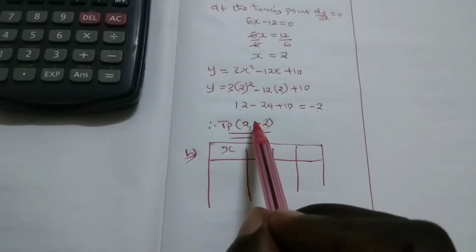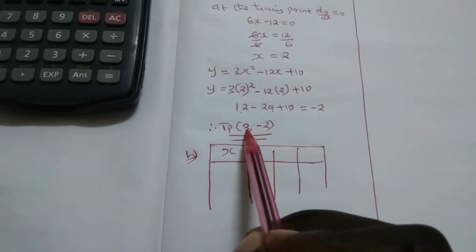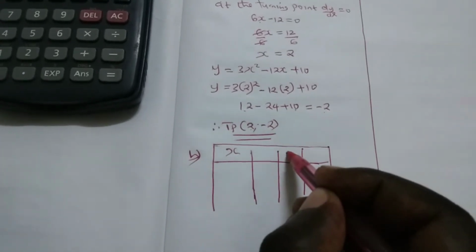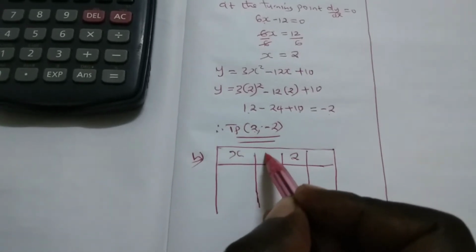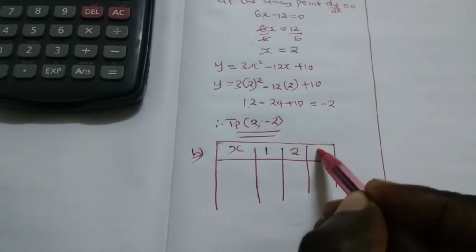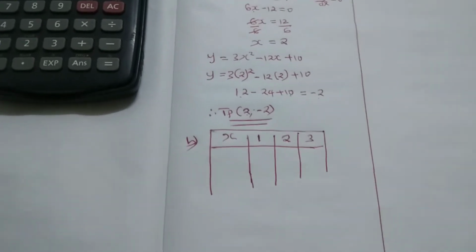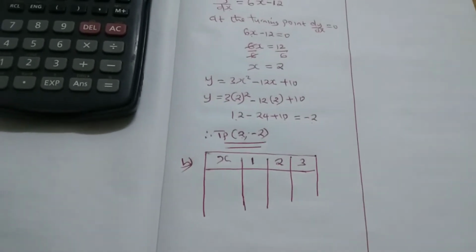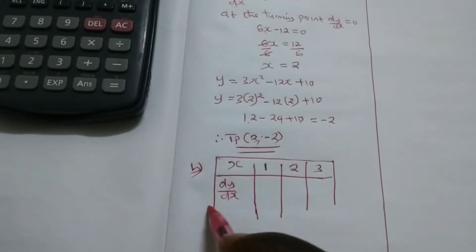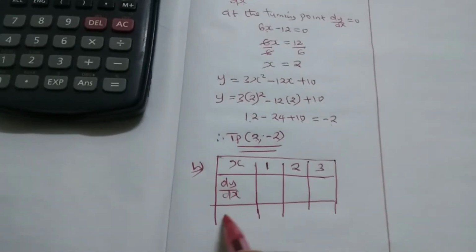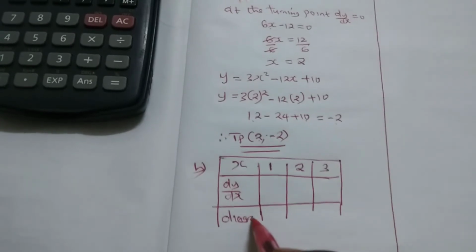We take this x coordinate and put it at the center here. Then we take one step to the left, and another step to the right, which is 3. From there, we take our dy over dx.